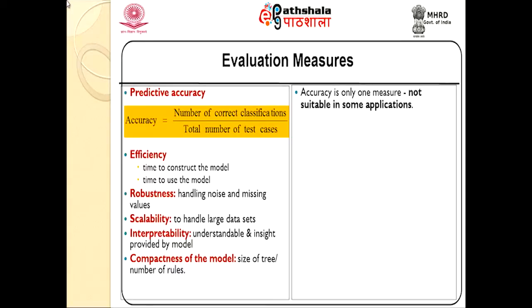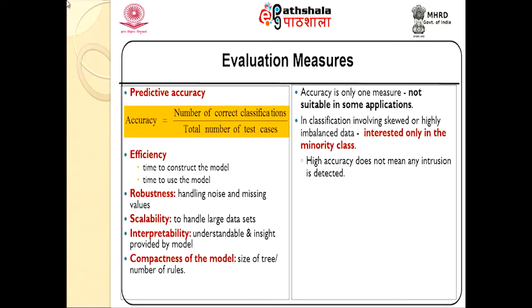So, there are some other cases in classification, such as highly unbalanced data, where we are interested in finding only the minority class. That is another interesting aspect of classification. High accuracy does not necessarily mean that you have detected things that belong to the minority class.